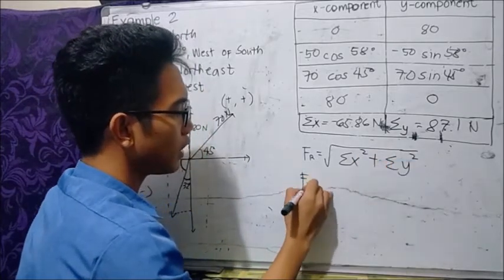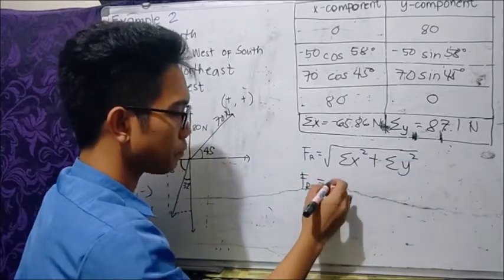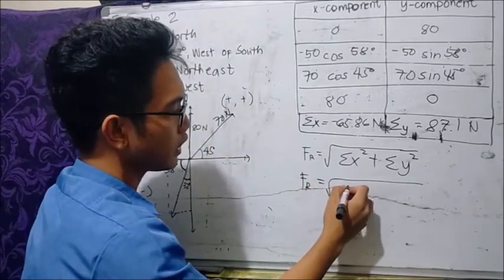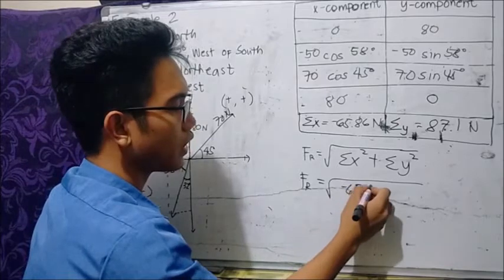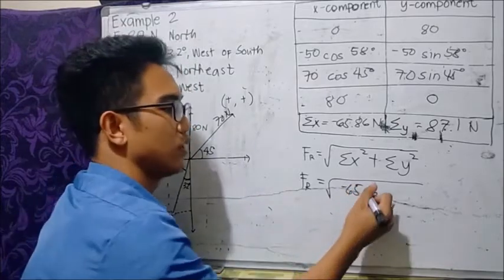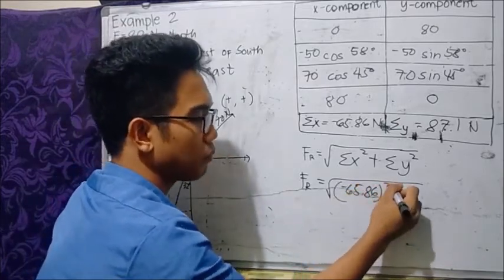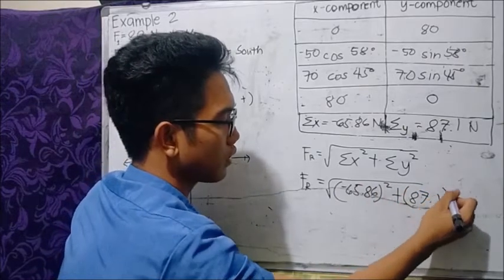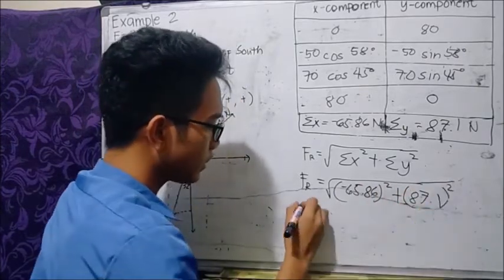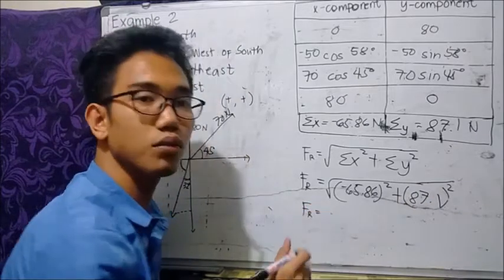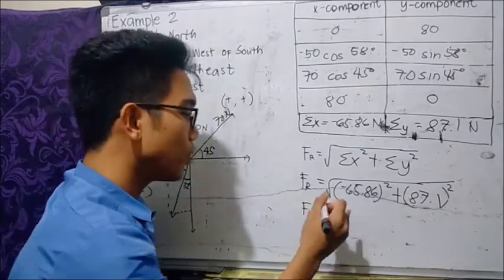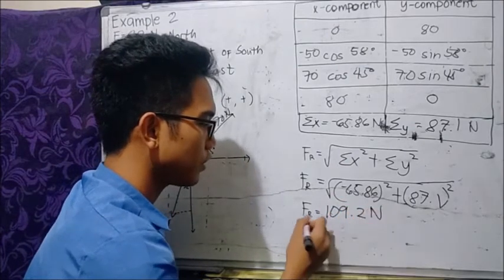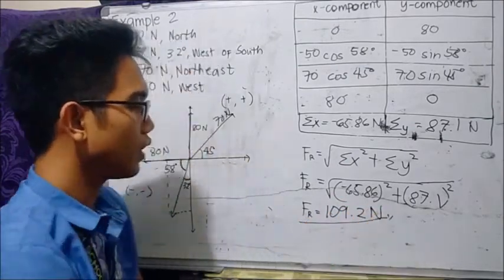F sub r is equal to the square root of negative 65.86 squared plus 87.1 squared, and that is equal to 109.2 Newton. So that is the magnitude of your vector.